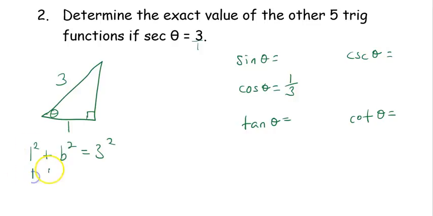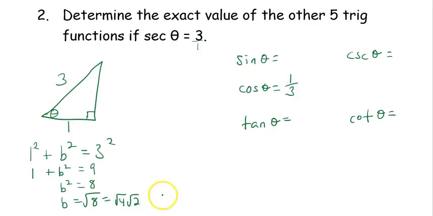So 1 squared is 1, and 3 squared is 9, and if I subtract 1, I get b squared to be 8. I'm going to practice doing the exact value when I take that square root. So I have the square root of 8, which can be written as the square root of 4 times the square root of 2, and the square root of 4 is 2. So I have 2 square roots of 2.